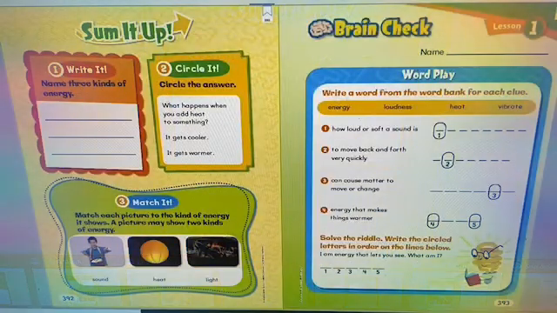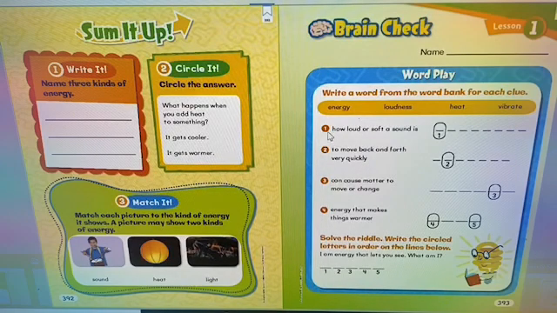All right. Write a word from the word bank for each clue. So I have over here word bank: energy, loudness, heat, and vibrate. So I want you to provide each word for each clue. All right?